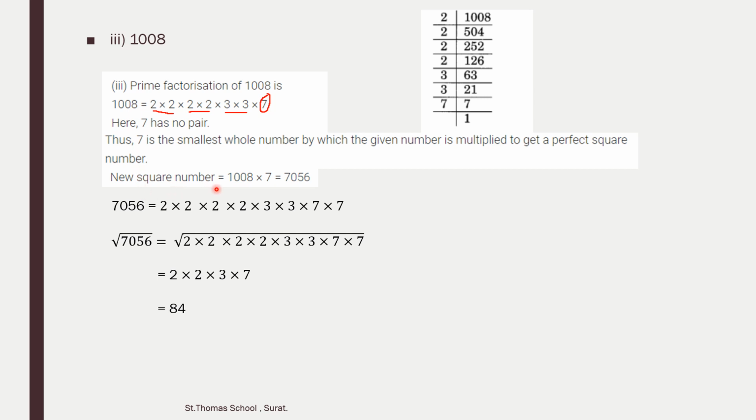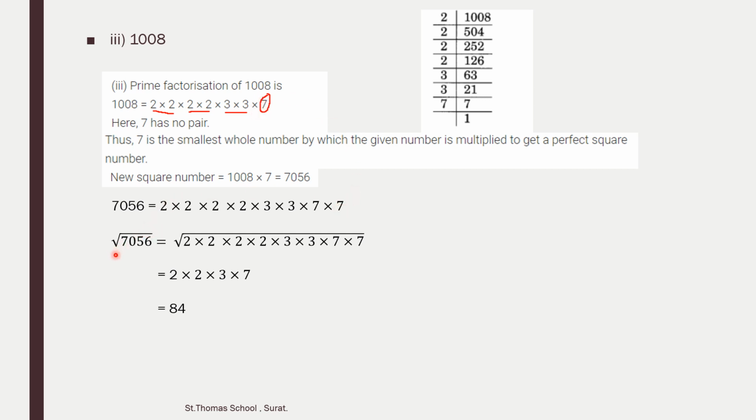The new square number is equal to 1008 multiplied by 7. Now multiply by yourself. So that is 7056. Now you have to write 7056 is equal to 2 multiplied by 2, 2 multiplied by 2, 3 multiplied by 3, then 7 multiplied by 7. Clear? There is only one 7, so you have to multiply one more 7.